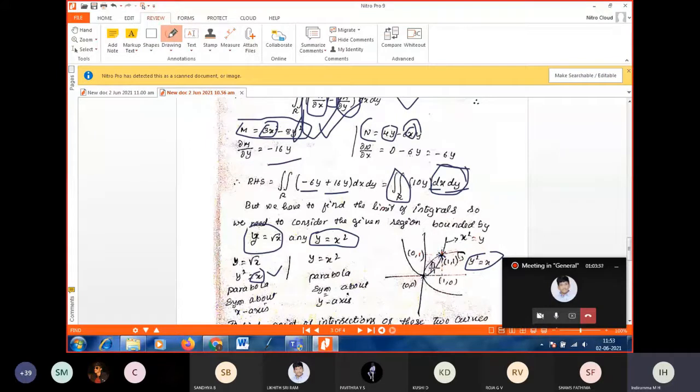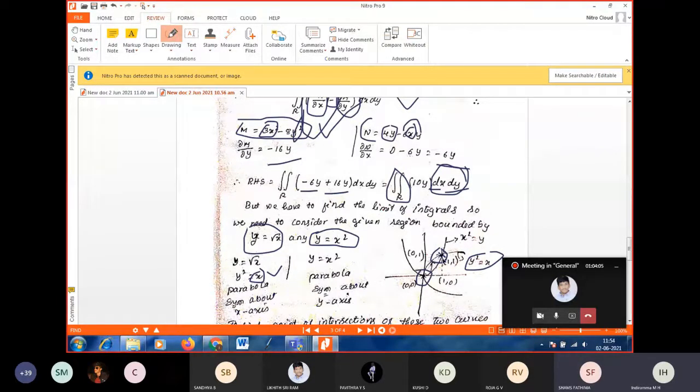Now in this integral I want to take the limits for x and y. To find the limits for x and y, first we have to find the point of intersection. How can you find the point of intersection of two curves? By solving the two equations, correct?